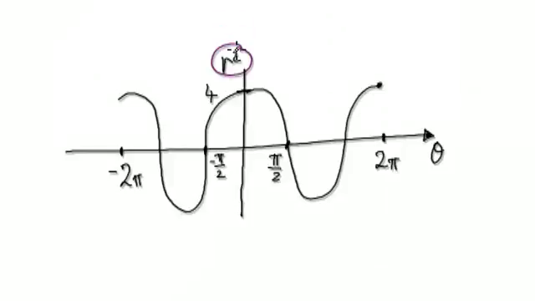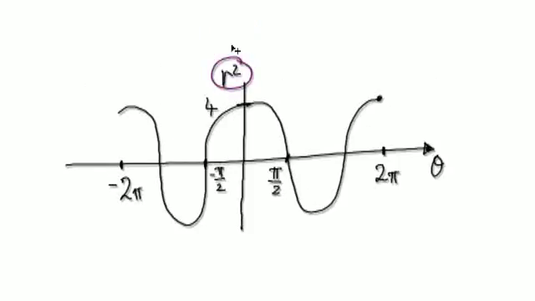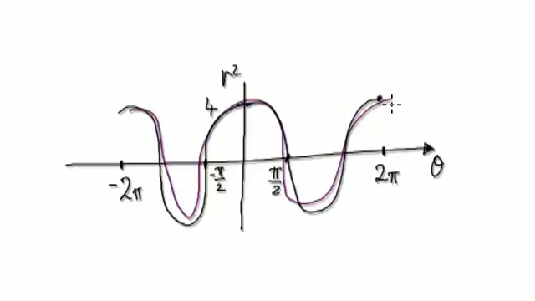So this here is r squared. At the moment, you've got r squared looking like this. Now you ultimately want to know the radius. You want to know r without the squared.